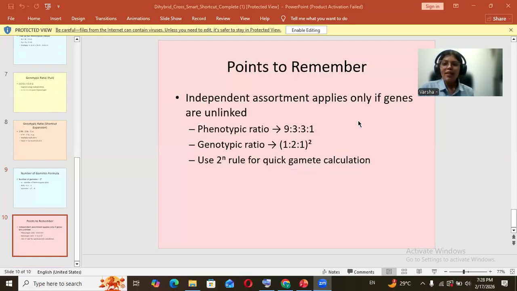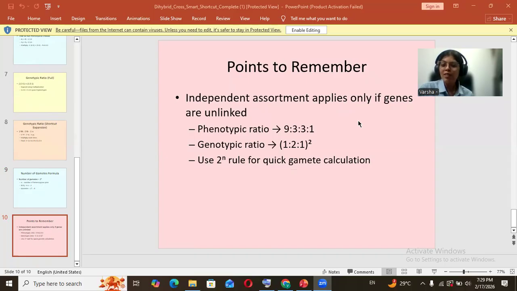Points to remember: independent assortment applies only if the genes are unlinked. For linked genes, independent assortment doesn't follow. The phenotypic ratio of a dihybrid cross in the second filial generation is 9:3:3:1, and the genotypic ratio is 1:2:1, 2:4:2, 1:2:1.